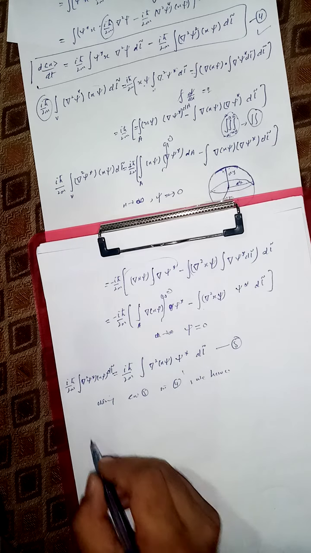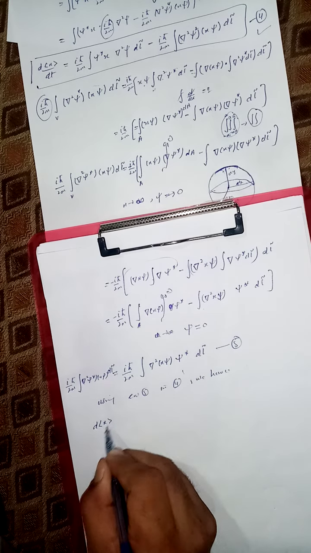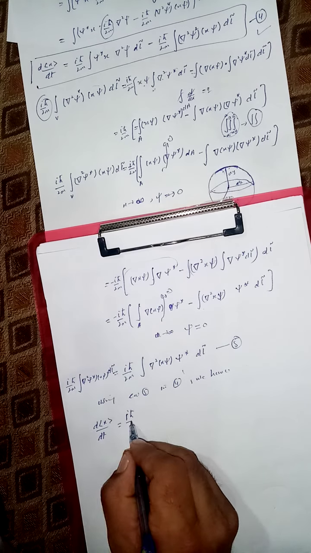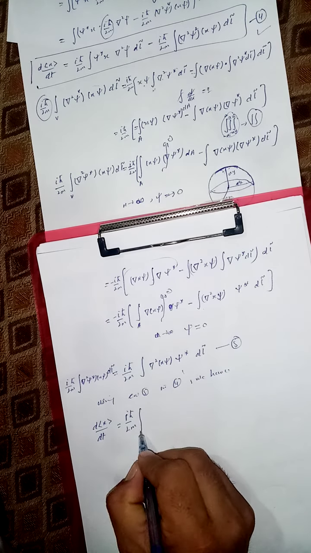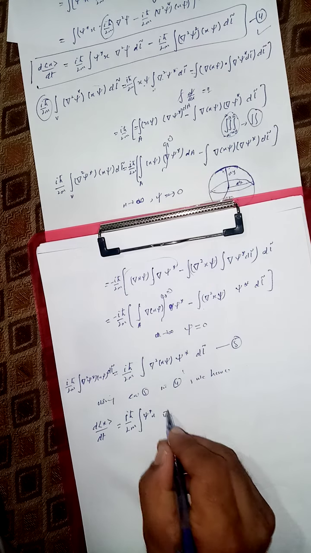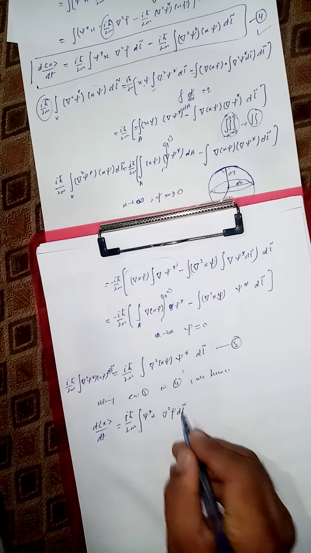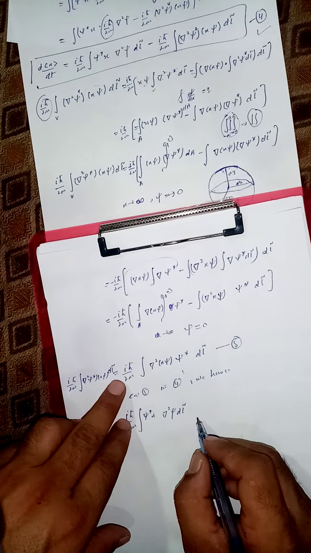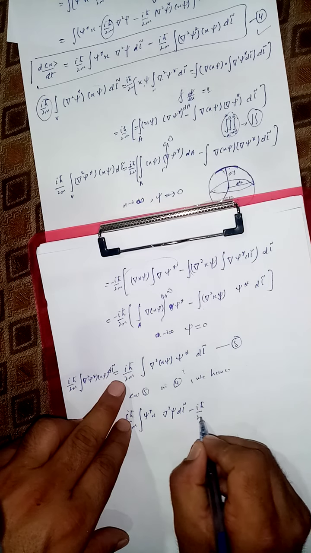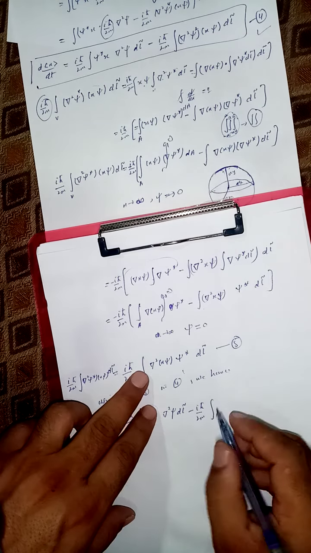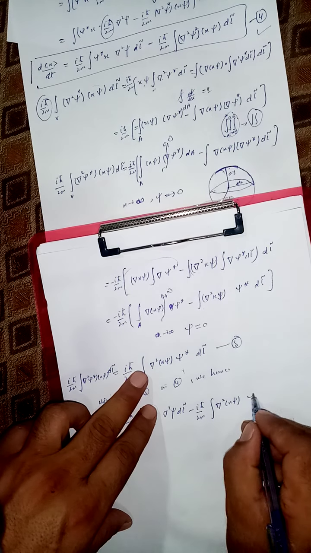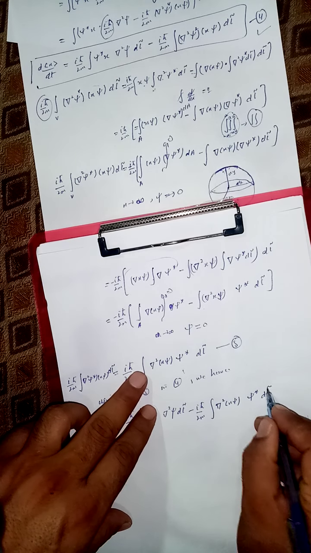If we put it in equation 4, we have dx over dt equal to iota h bar over 2m, this integral psi star x del square psi d tau, and then there is a minus sign, minus iota h bar over 2m, and we have this integral del square x psi and psi star d tau.